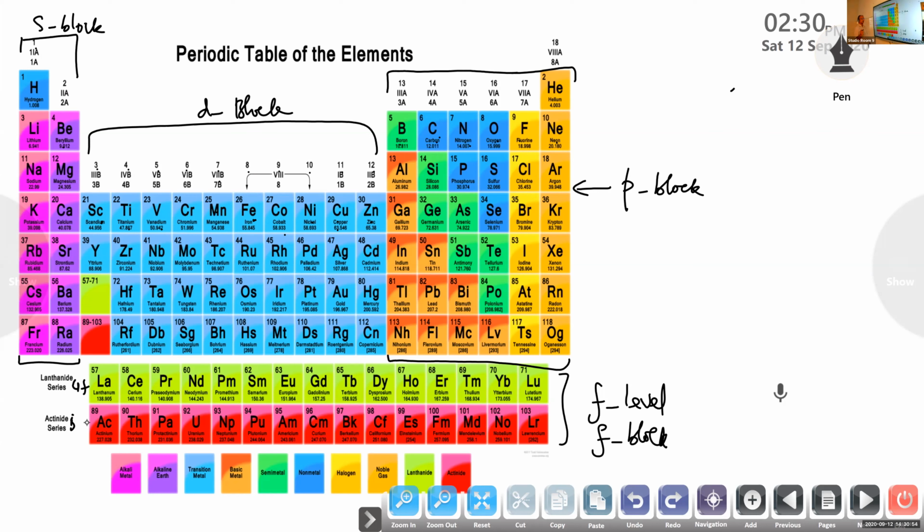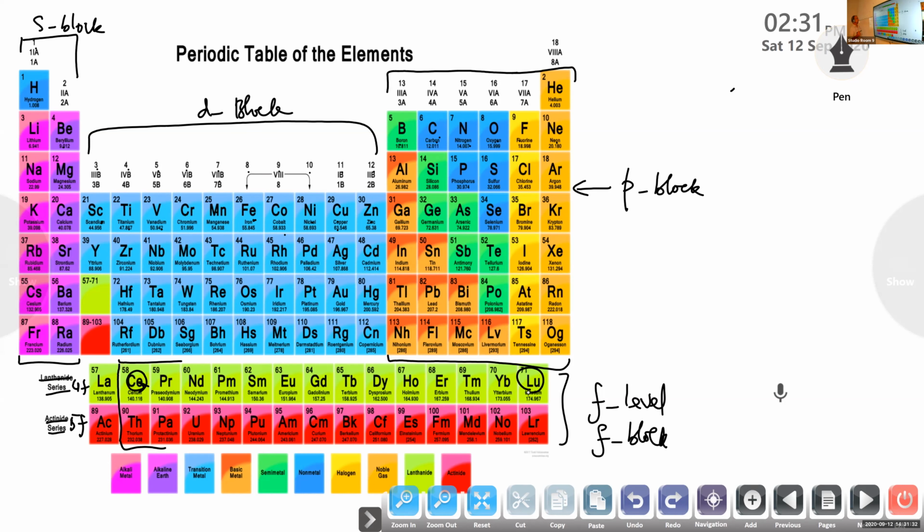We have two F block series, and they are called the lanthanide series, and the second one is called the actinide series. The lanthanide series consists of the elements coming after lanthanum, from cerium 58 to lutetium 71, 14 elements.